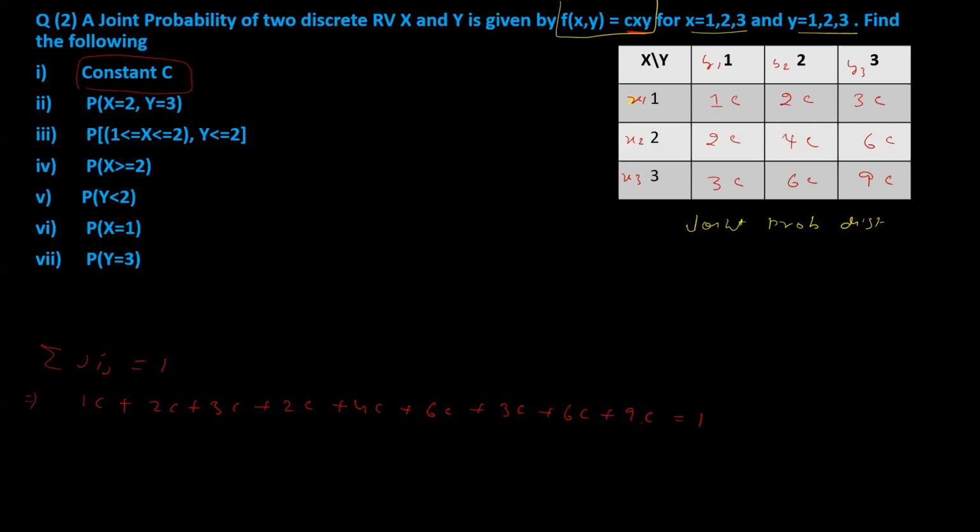Adding up, I get 36c equal to 1. So c will be equal to 1 by 36. Any confusion in this? No. Later, if you want, you can put the value of c, or you can just keep it as it is. And now let us find the probabilities.